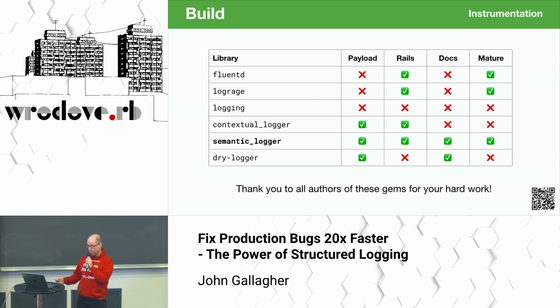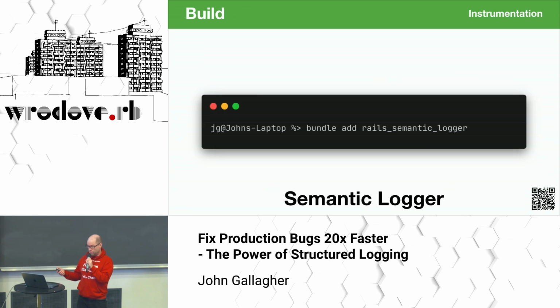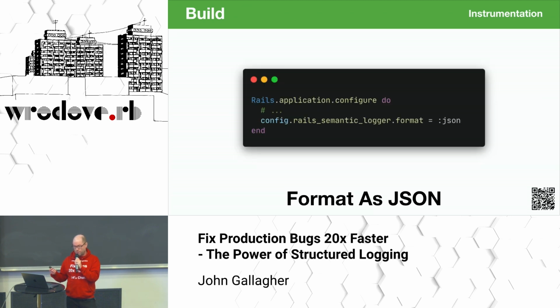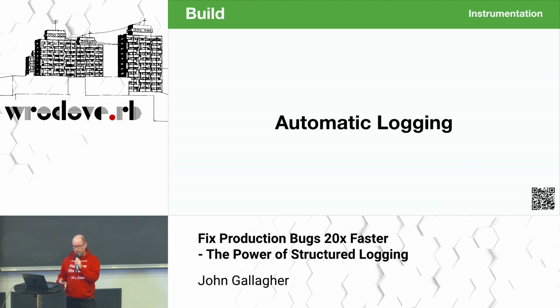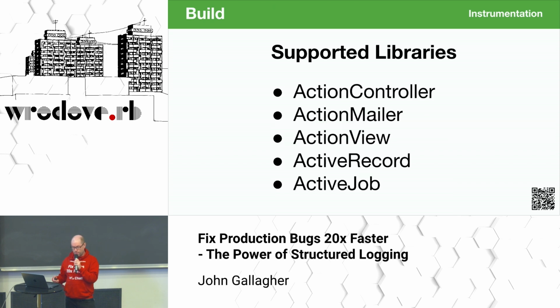So let's actually use Semantic Logger. You install Rails Semantic Logger, which installs Semantic Logger. It's got Rails bindings, of course. You set the format as JSON, and it gives you some automatic logging out of the box. So here are all the libraries that it works with.